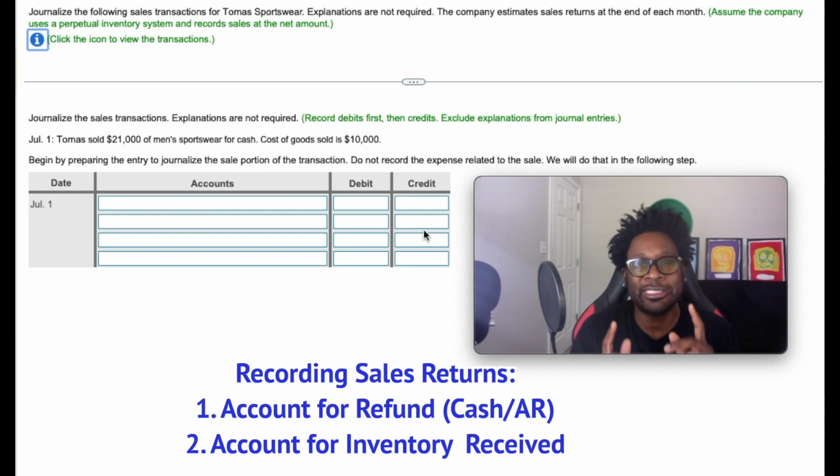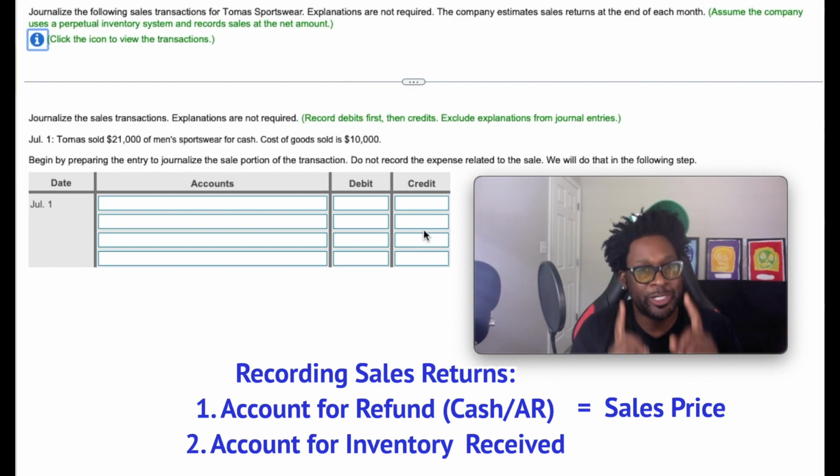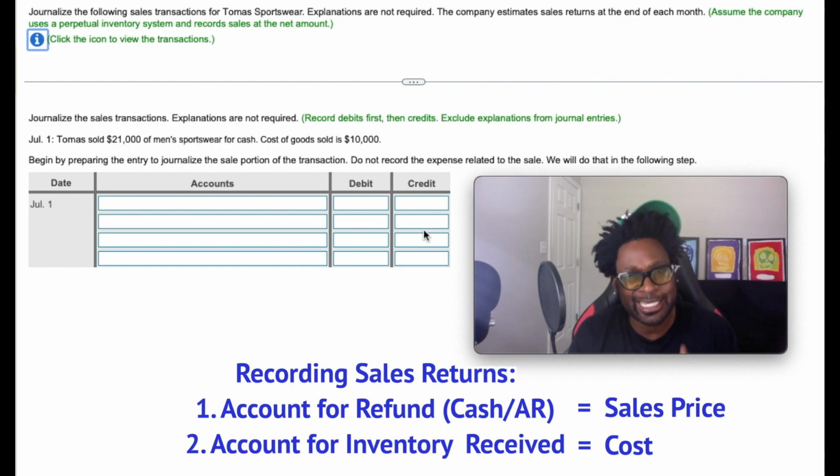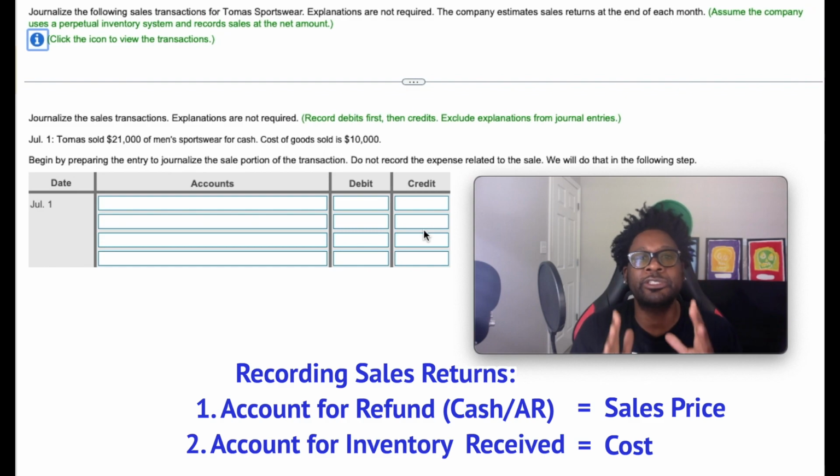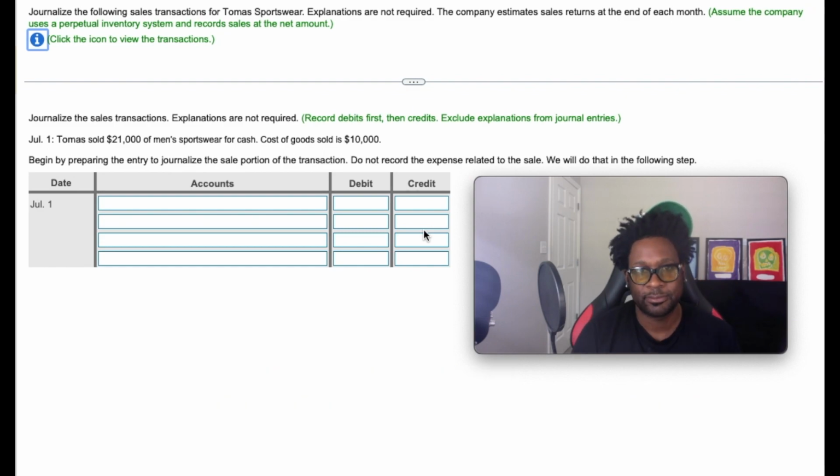Therefore, we will simultaneously always have two numbers to account for. But in terms of the refund, it's going to be based on the sales revenue, gang. However, we know that inventory is on the books at cost. So when it's time to make the second entry that involves returning the inventory back, we must use the cost amount, gang. So with that being said, let's attack the problem.